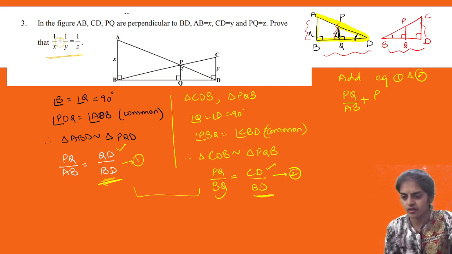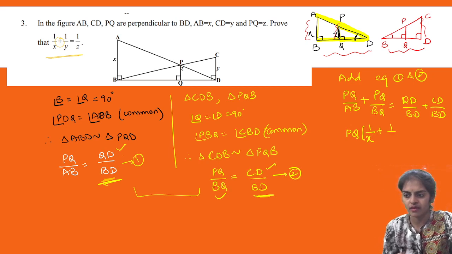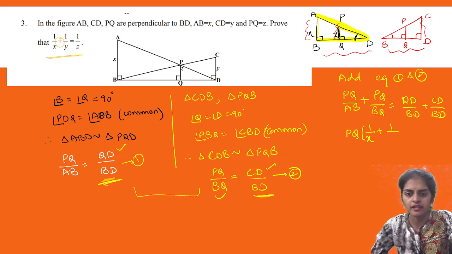Here in the LHS you have PQ by BQ is equal to QD by BD plus CD by BD. Now as you can see, PQ is common from these two. So if I take PQ common, I have 1 by AB, AB is nothing but X, plus 1 by BQ. BQ value do we have? BQ value we don't have.